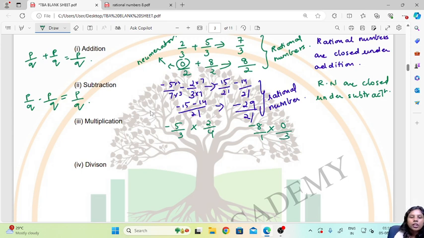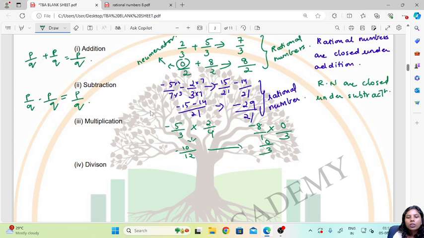So in this case what I will get as the answer is minus 10 upon 12, and here I'll get minus 8 into 0 is 0, so this minus is not considered here, so 0 upon 3.